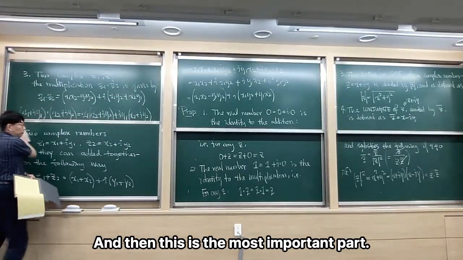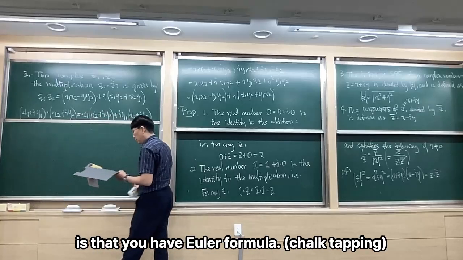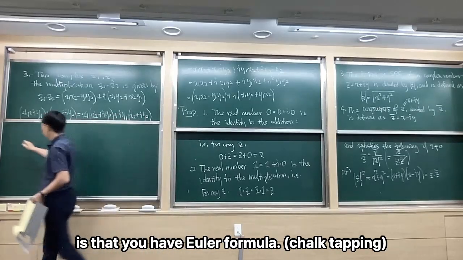And then this is the most important part. Another proposition about complex numbers is the Euler formula.